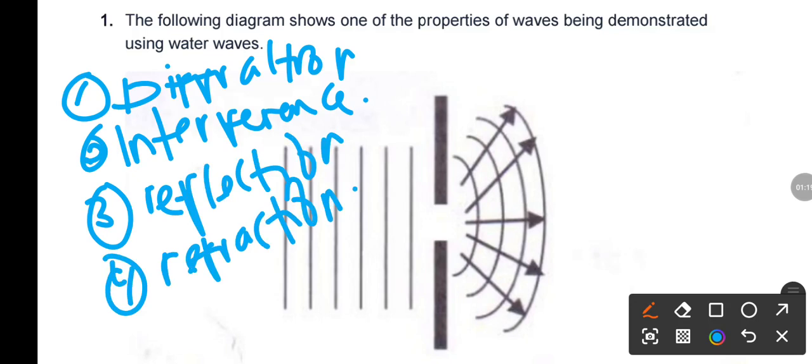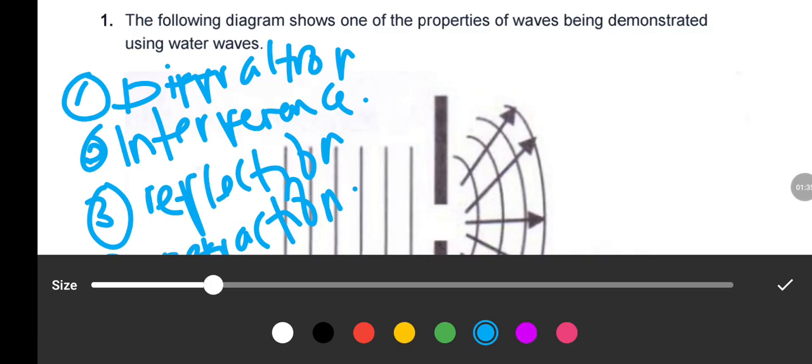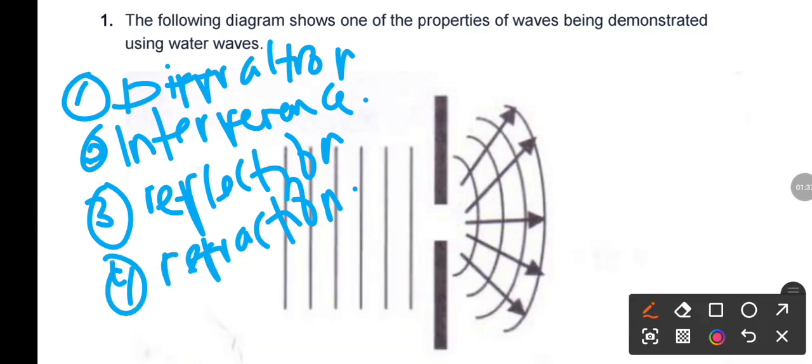Okay. Wave diffraction is defined as the bending of a wave when it passes through a narrow gap or when it goes around an obstacle. So what I'm basically saying here is that there are 2 instances in which wave diffraction can occur.